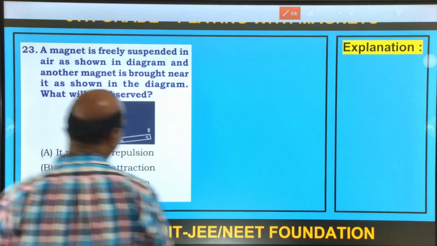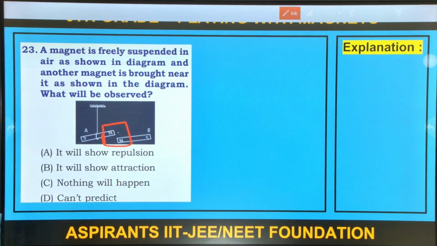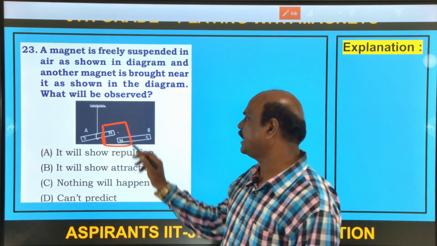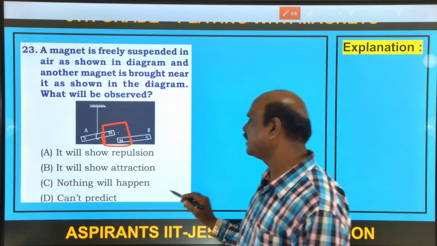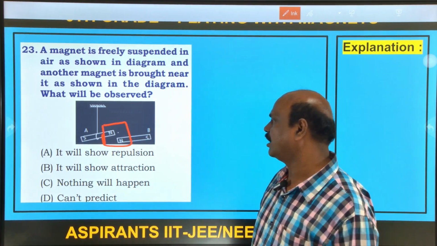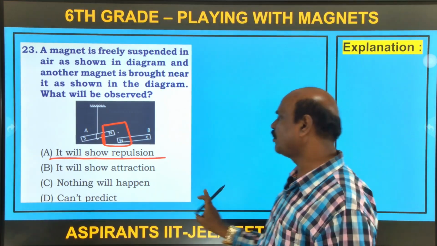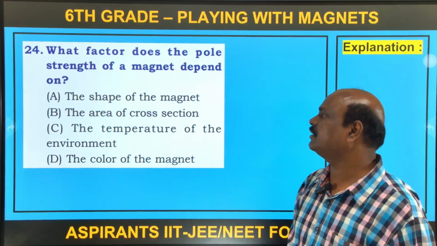But here if you observe, both the magnets have the north poles facing each other, hence the north pole and the north pole will repel each other. So here the answer is, in this diagram they repel each other, means they show the repulsion. Okay, coming to the next question.